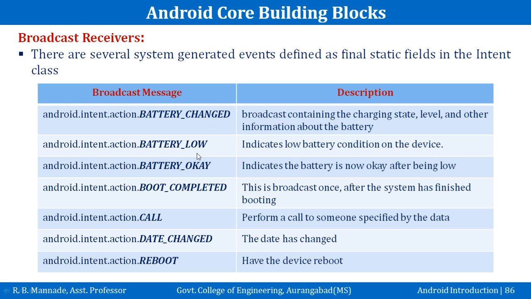Then next is BATTERY_LOW. It indicates the low battery condition on your device. It means if the battery of your mobile phone goes below some particular threshold, then your device shows a pop-up message to you as a low battery.